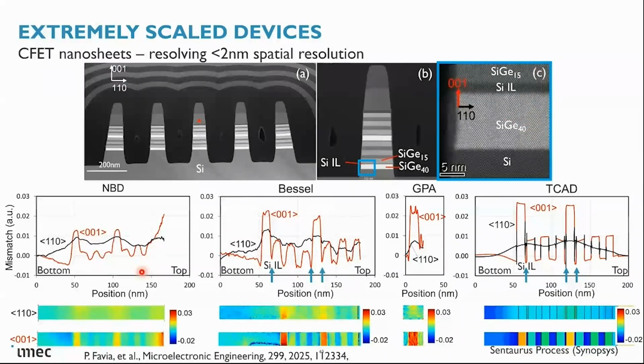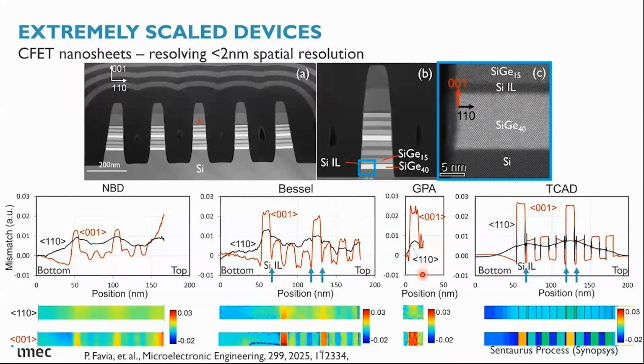What we observed is that nanobeam diffraction was not able to resolve this layer, while Bessel resolved it quite well. Here where the arrows are, those correspond to the position of the silicon layer. And it's in good agreement with TCAD.